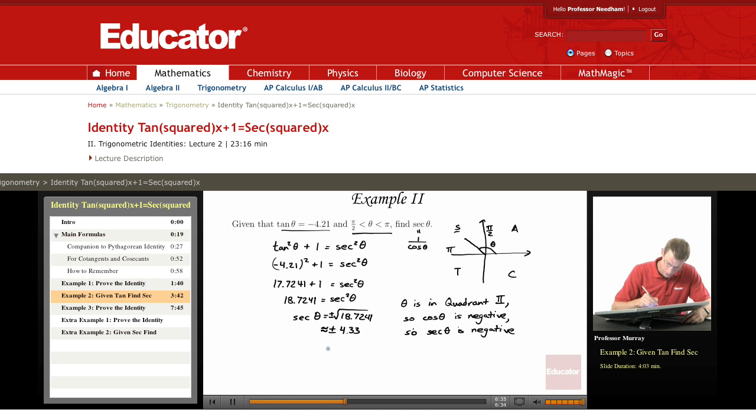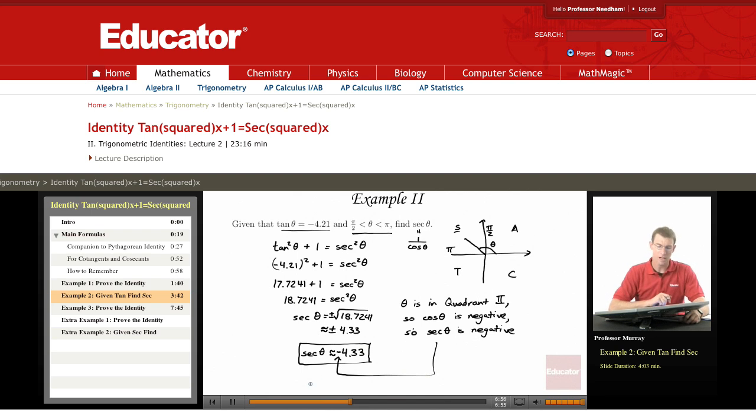So secant theta, we want to take the negative square root there, and we get an approximate value of negative 4.33. So that negative is very important.